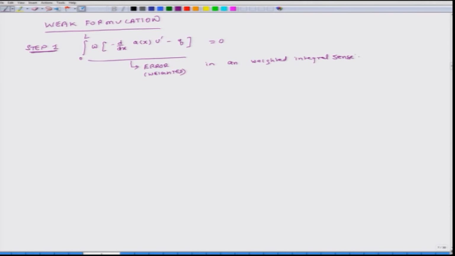Here we are computing the error over the whole domain, not point by point, because we are integrating over the domain 0 to L. Sometimes we also call it a weighted residual sense, and they mean the same.